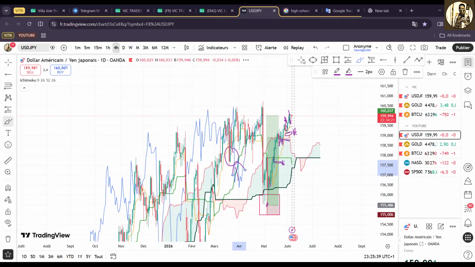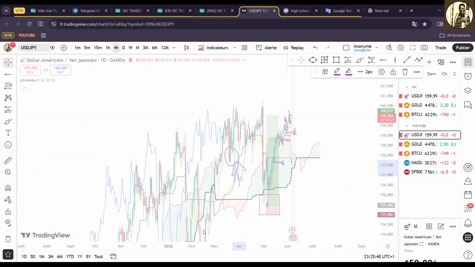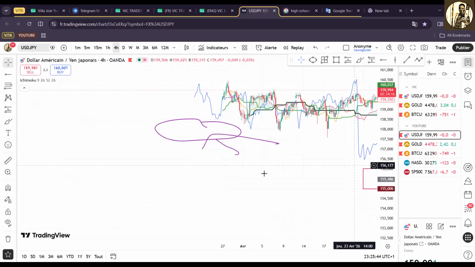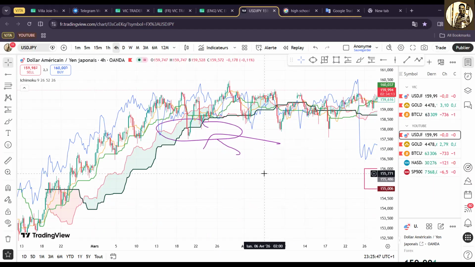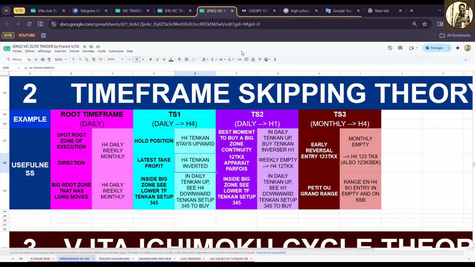What you will be doing is you go on H4. Look, what I wrote here doesn't make any sense. Just remove it like this. Maybe I confused the place where to put it. It was meant to be on TS2.